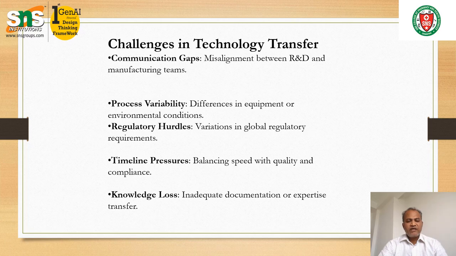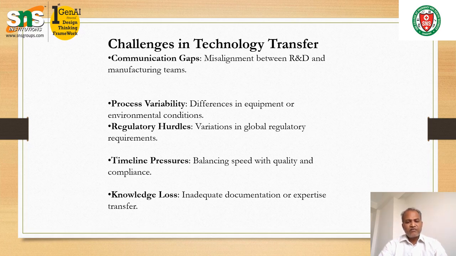Next, process variability and regulatory hurdles. So process variability is nothing but if there is any changes in equipment and environmental conditions. So there are some important factors play a vital role in the process variability. So among them, environmental condition is very important.